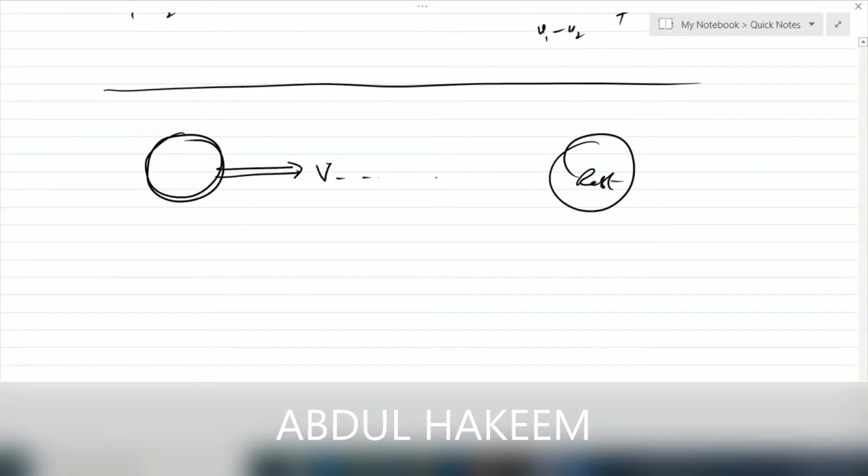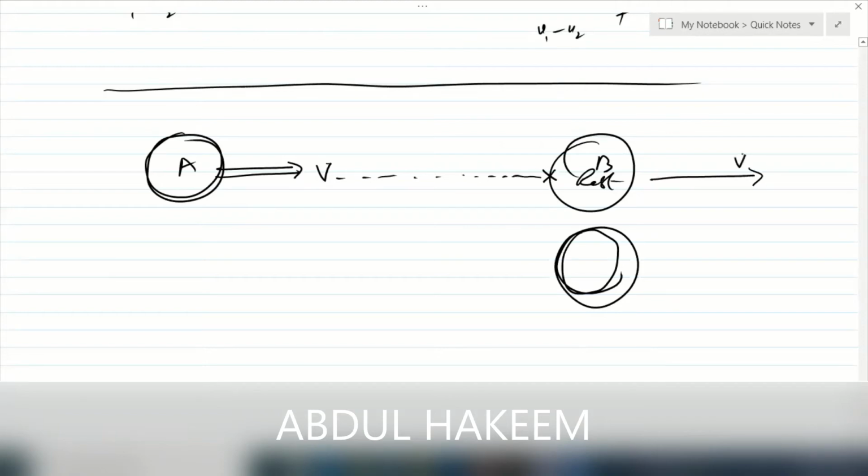When this object collides with the stationary object, the object A becomes stationary at the same position, and the object B will start motion with the same velocity v. So the stationary becomes moving, and the moving becomes stationary, and the stationary carries the same velocity from A.